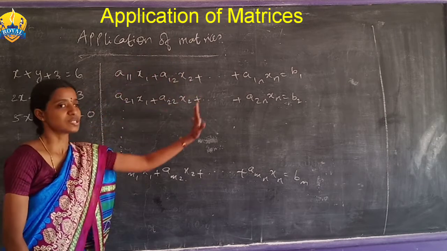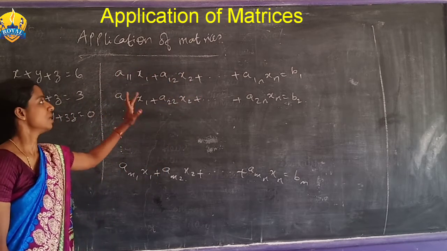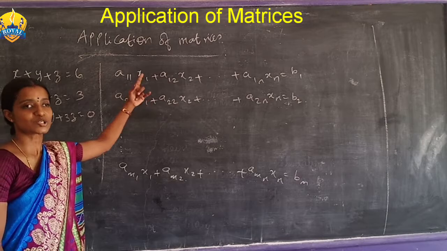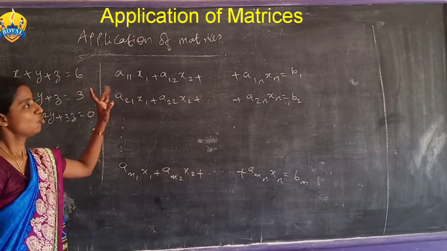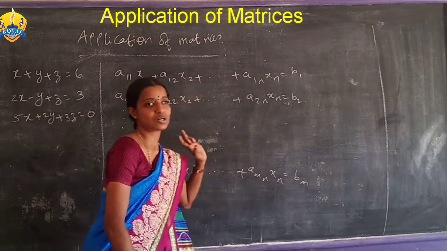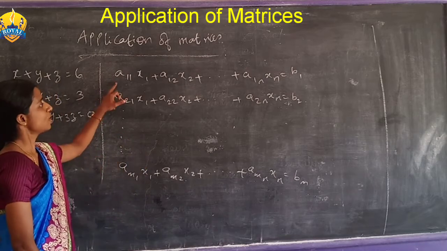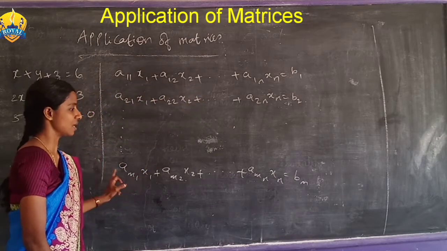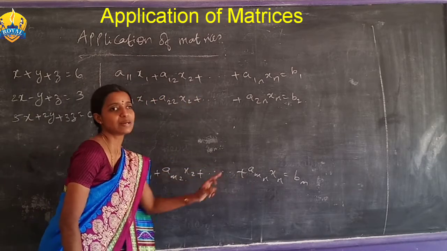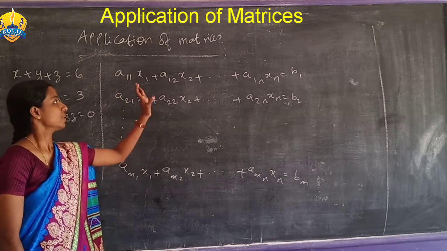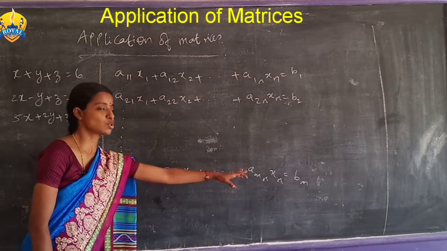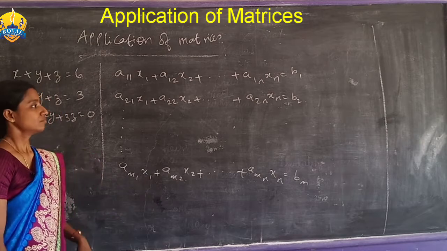So this is also a system of linear equations where the unknown values are x1, x2, etc. xn. Now b1, b2, etc. bm are constants and a11, a12, etc. till amn are the coefficients of x1, x2 going on till xn.